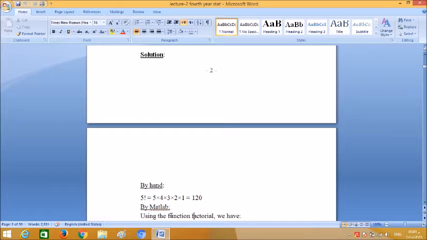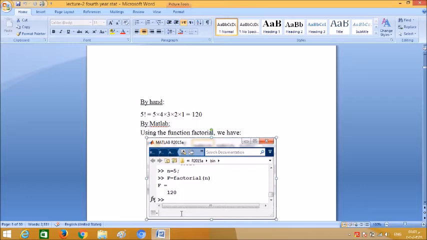By MATLAB, using the function factorial, we have n equals 5. This is the number we want to get its factorial. f equals factorial(n). This means that we need to get factorial 5 because n equals 5. The result is 120, like this. Okay.